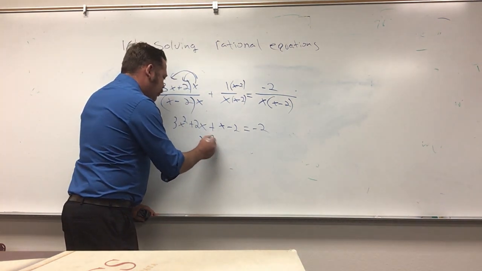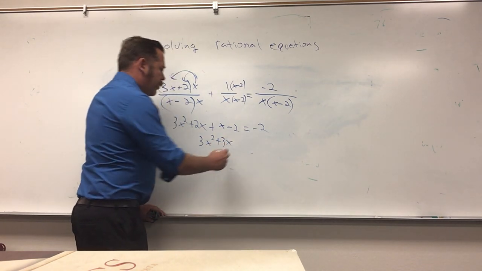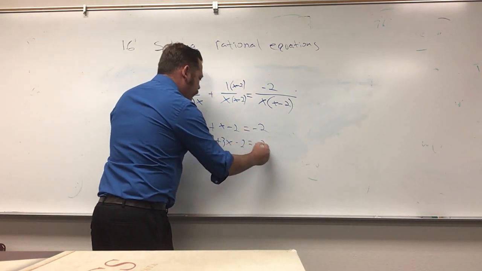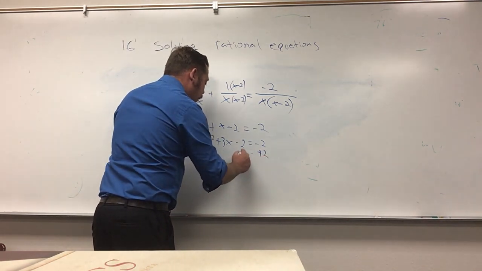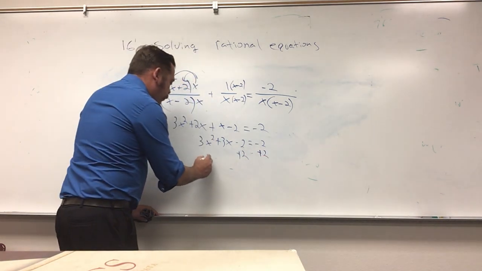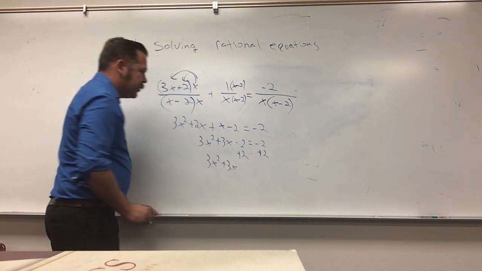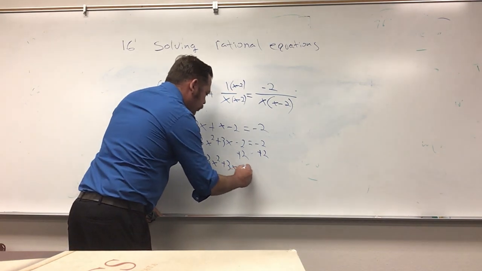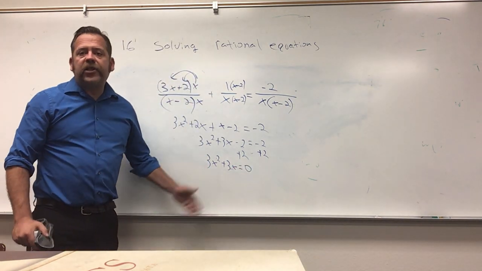So 3x squared plus 3x minus 2 equals negative 2. So then I'm going to add 2 to both sides, and I get 3x squared plus 3x equals 0. All right, quadratic, but it's factorable.